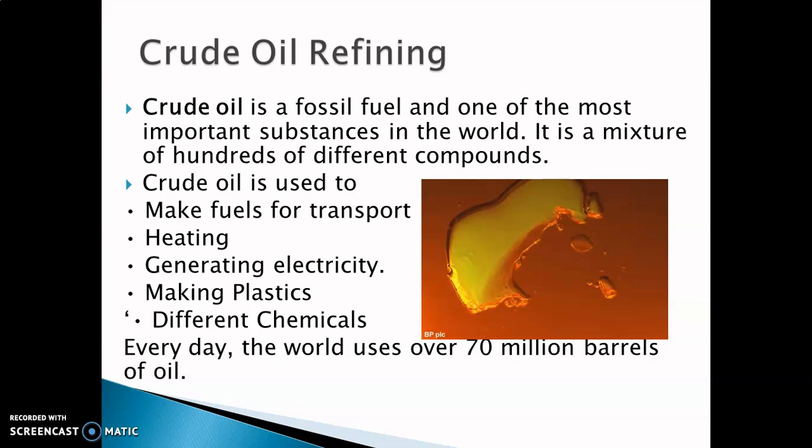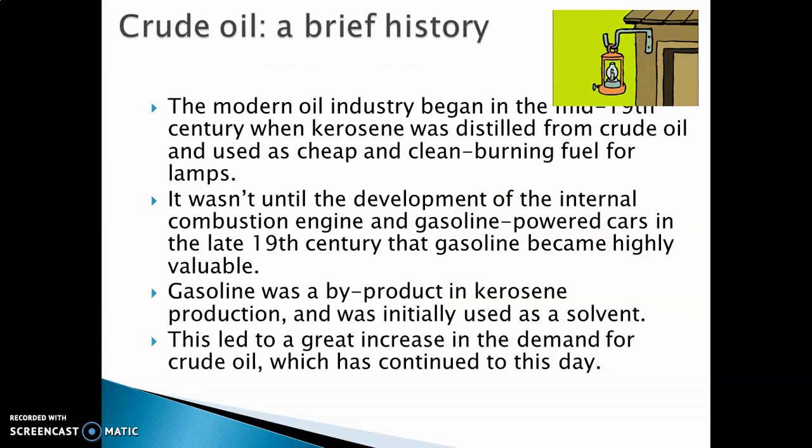So crude oil is used to make fuels for transportation, heating, generating electricity, and also for making plastics and various chemicals. Here we have a brief history of crude oil.